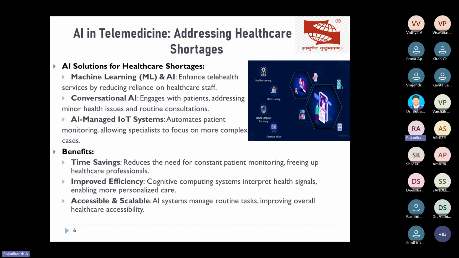For example, by learning from the data, it can develop a pattern of symptoms and tell you the disease you are suffering from, what situation you are in, and whether you need to consult a doctor or whether you can take some medication or some care.